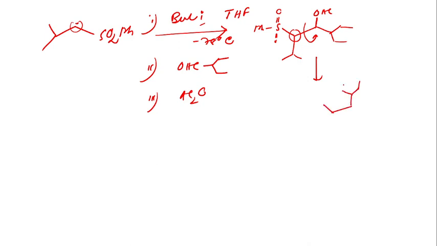Yes, this is the thing, and now OS will come, SO2Ph. So after reduction with sodium amalgam, it will be this double bond, this one and this one. That is the thing I am going to convey. We are getting a trans alkene.